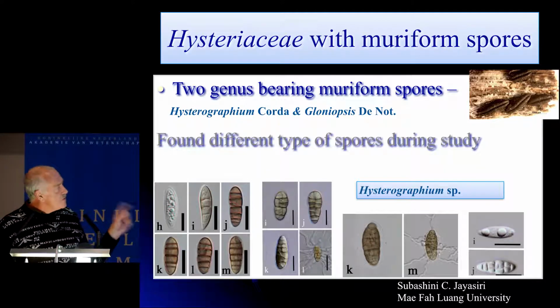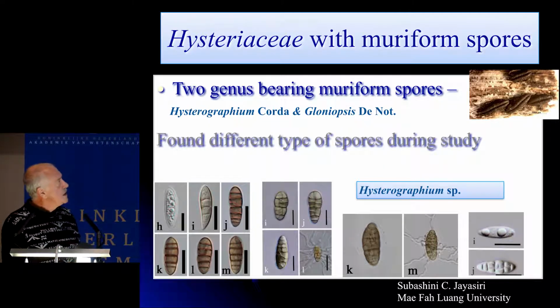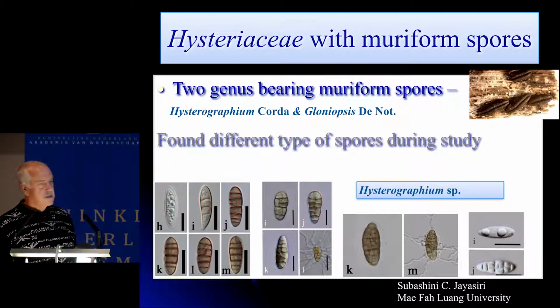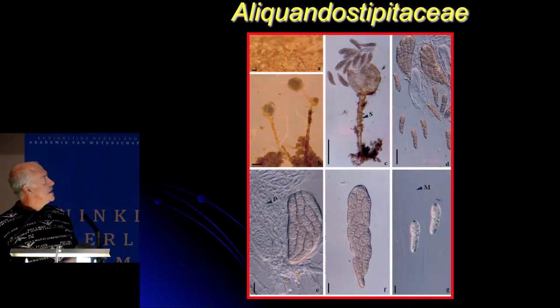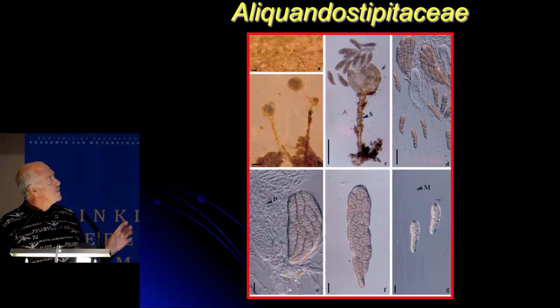There are other families, other orders which also have pleosporoid spores. So this is the Hysteriales. Now this particular group have very distinct ascomata. So you could actually look at that and say this belongs in the Hysteriaceae. And then this family that I won't try to pronounce, if you find this, you will know it belongs in this family.